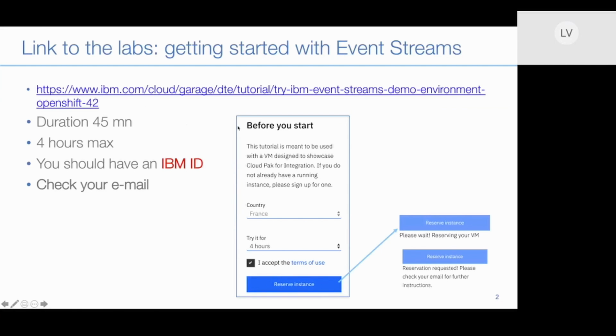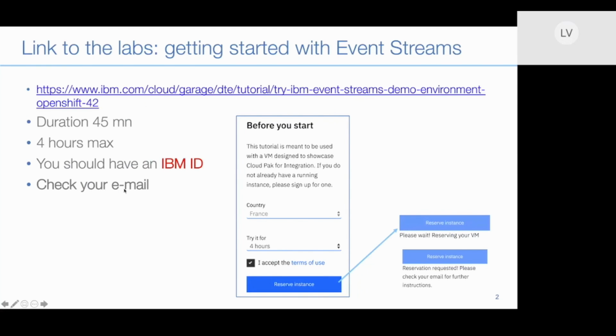The first thing you will do is create or install your first event stream on IBM Cloud Pak for Integration, and you will see that you can do this quickly. The other thing is that you will create your first application to simulate what can be a consumer or producer.